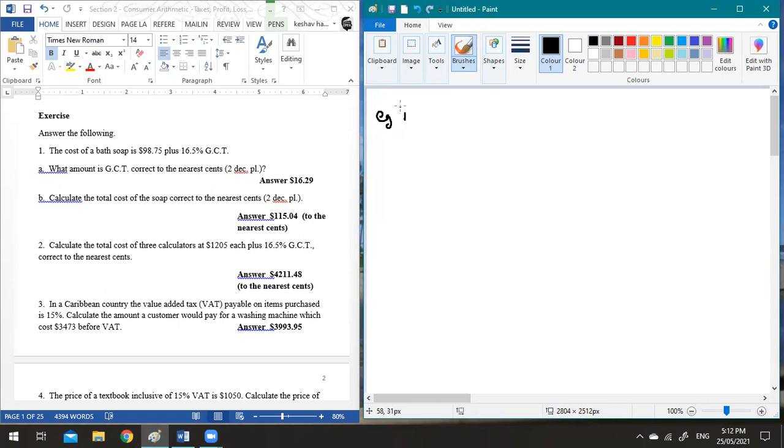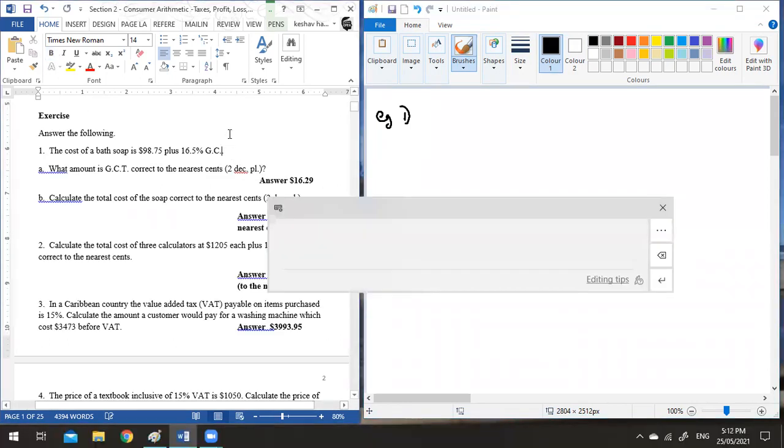Example one. The cost of a bath soap is $98.75 plus 16.5%. They have GCT, but we have it as VAT, right? So this should already be VAT.